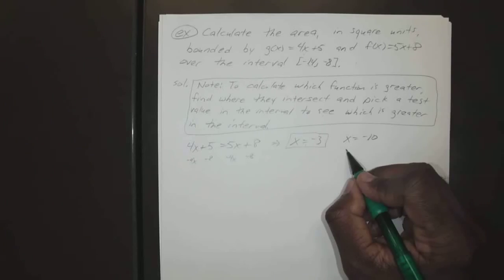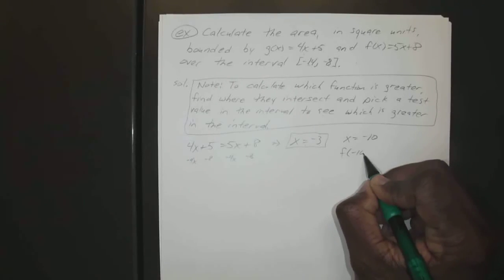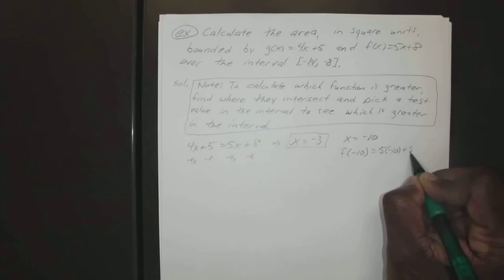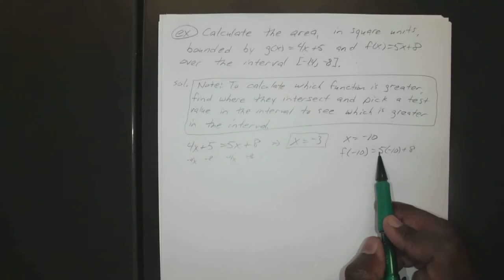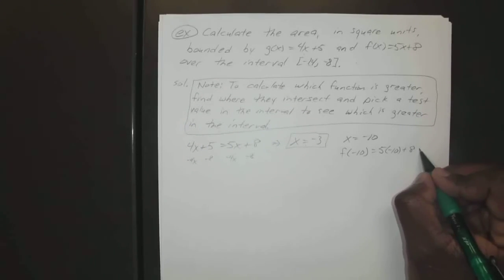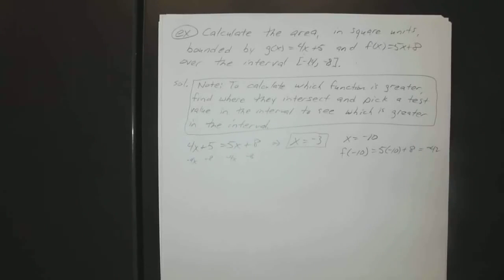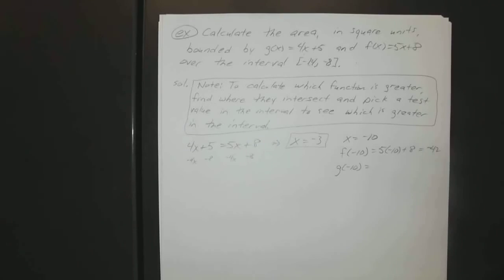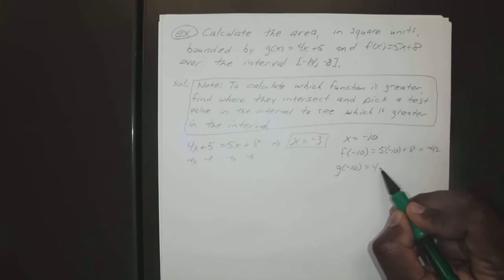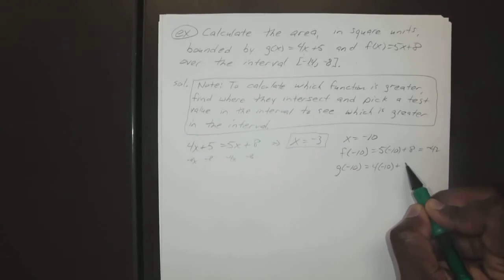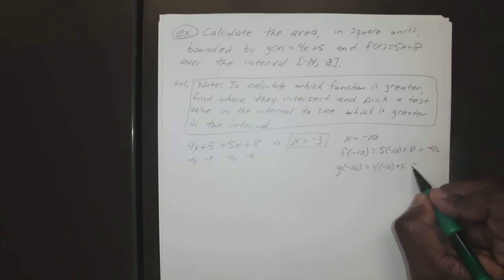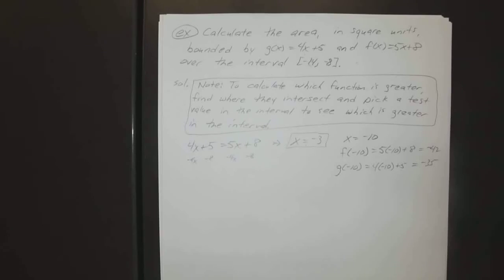So that means f of -10 is 5 times -10 plus 8. So you have -50 plus 8, so it'd be -42. And g of -10 is equal to 4 times -10 plus 5. So you have -40 plus 5 is -35. Okay.